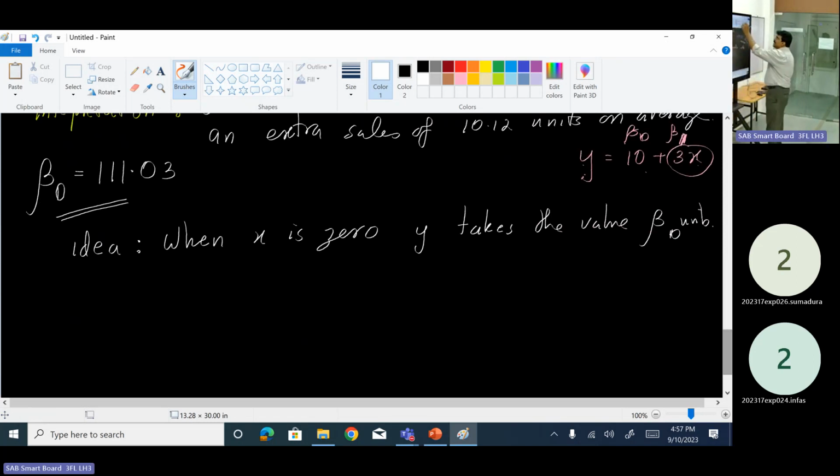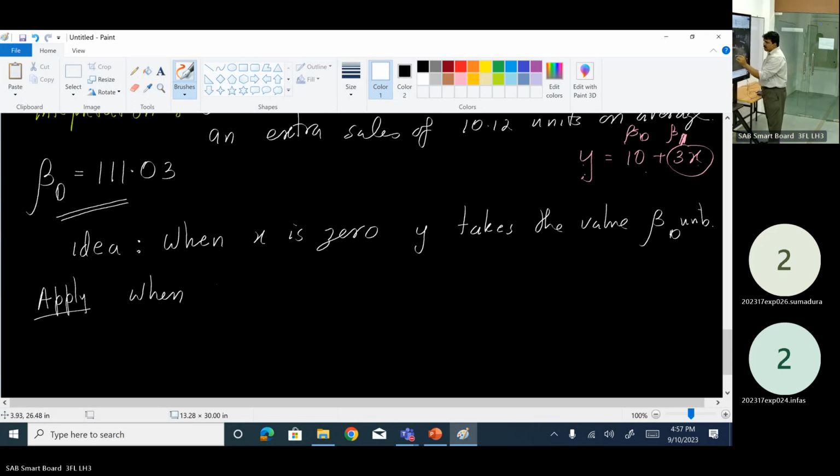Now we apply the idea. What is our x? Number of salesperson. So we'll apply, and then we'll put it in nice form.